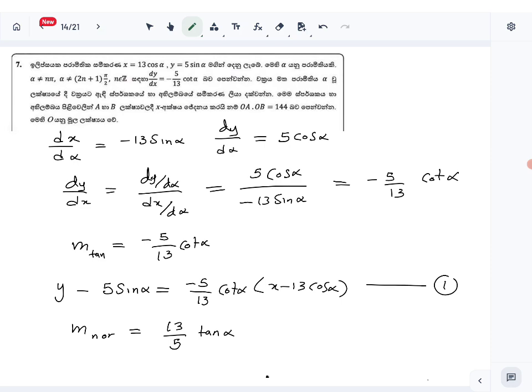So that is done. Then they say this tangent and normal cut the x-axis at points A and B. The tangent cuts it at A, and the normal line cuts the x-axis at B. Then find OA times OB.